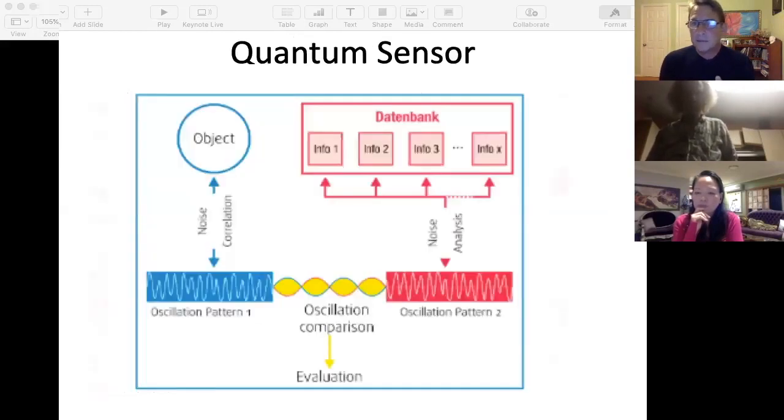Now, this is a little diagram which shows you the quantum sensor, and it shows you that on the left-hand side, I wish I knew how to use a pointer here, but I've got no arrow or anything here. So on the left-hand side, we have the object, which is us, and we have the Healy, which connects us to the blue wave, which is the information field.